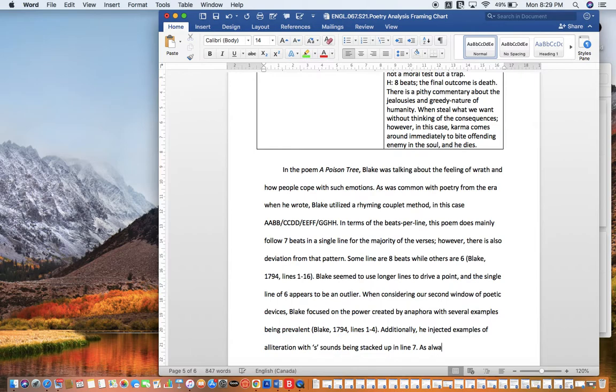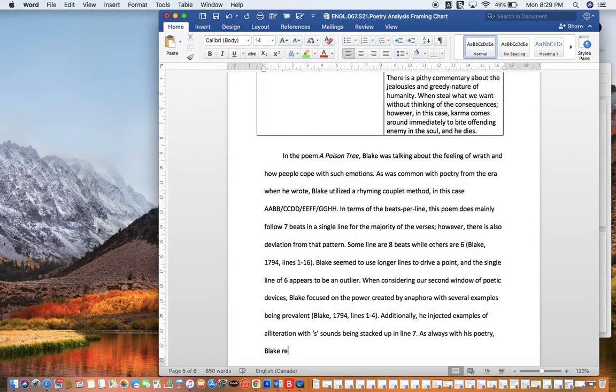As always with his poetry, Blake relied heavily on images.